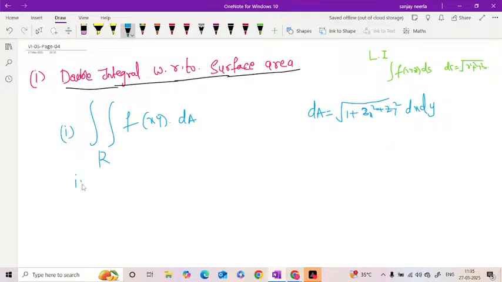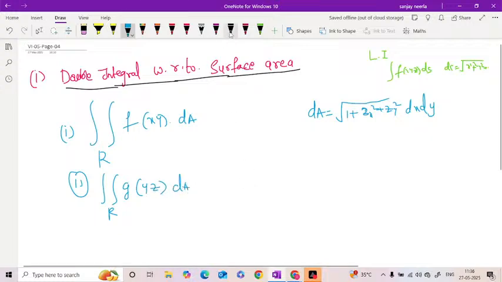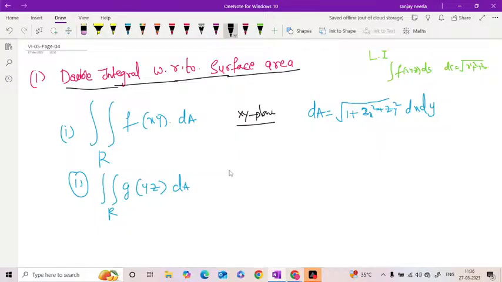And the second one is the double integral of function of yz dA. So the first one is related to the xy plane, the second one is related to the yz plane.